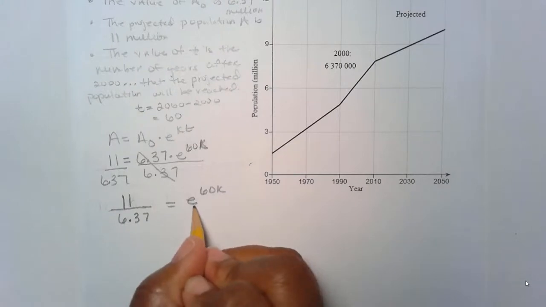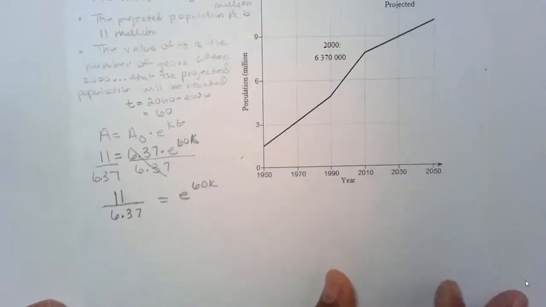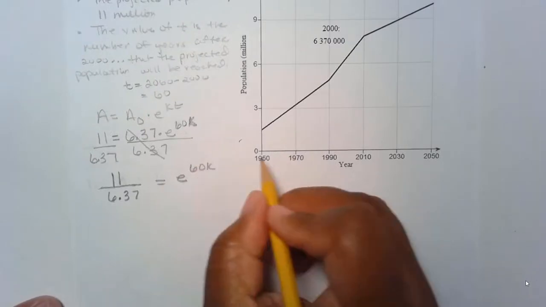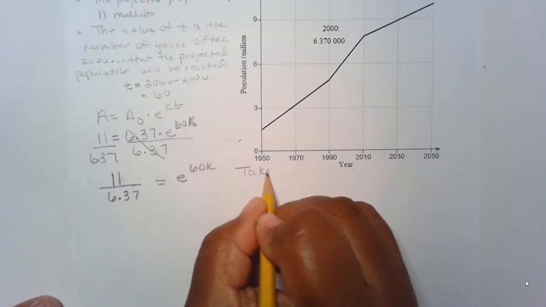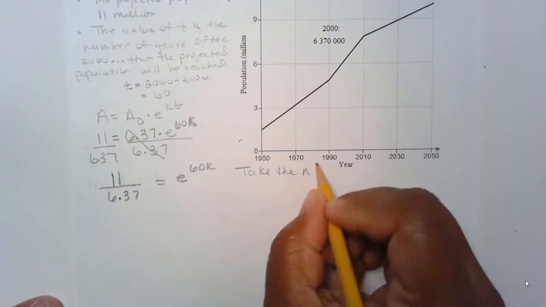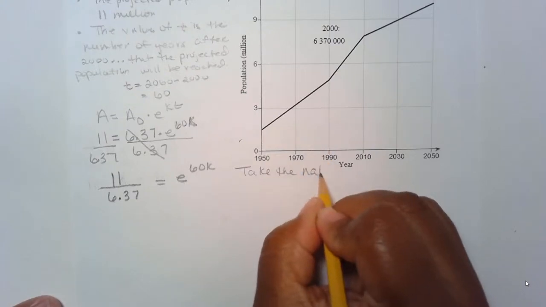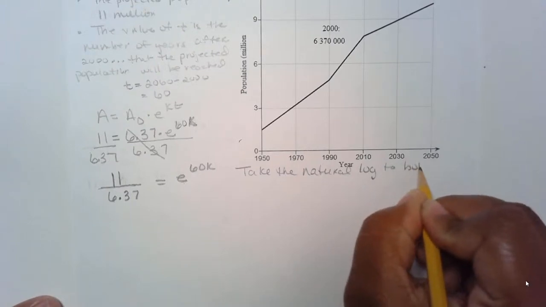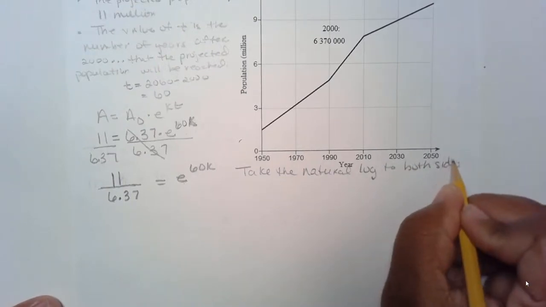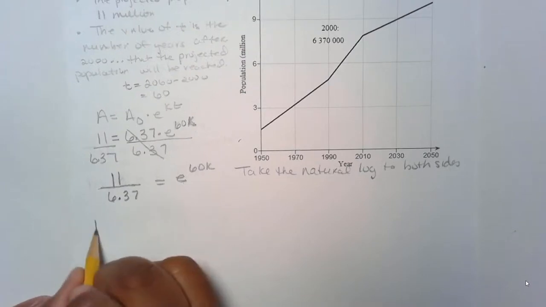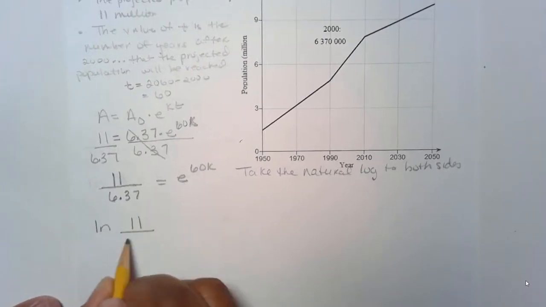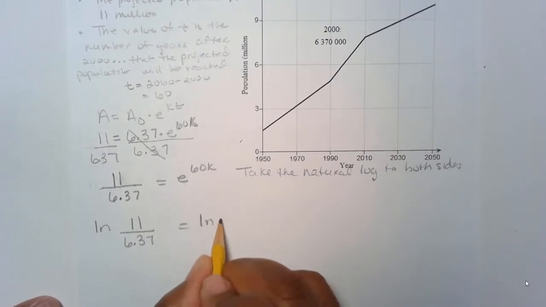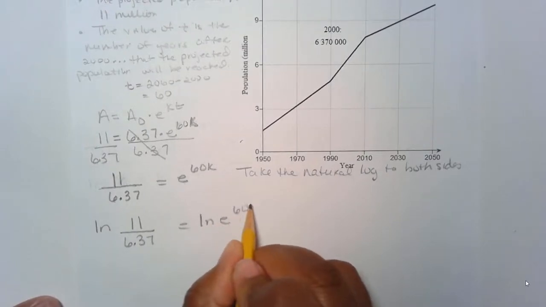Now, because we're working with base e, to bring down the k, we need to take the natural log to both sides. So ln of 11 over 6.37 equals ln of e to the 60 times k.